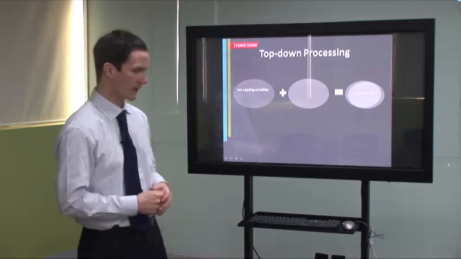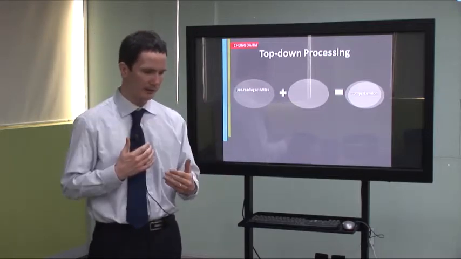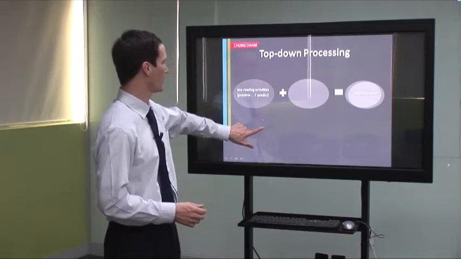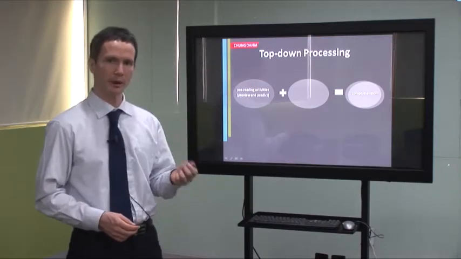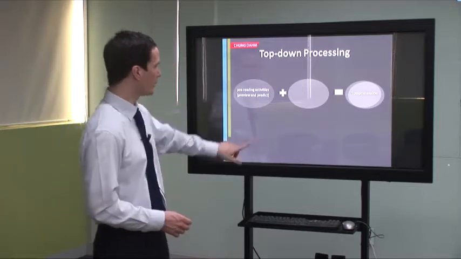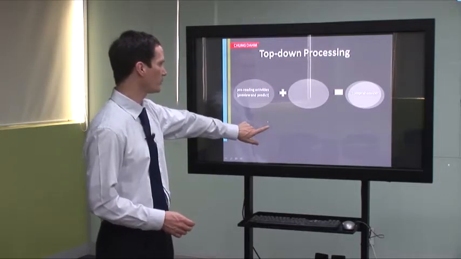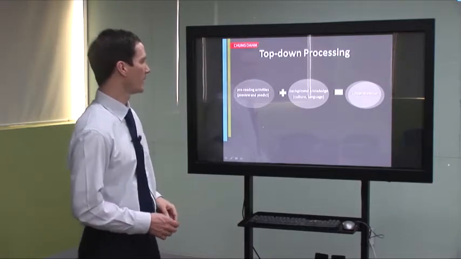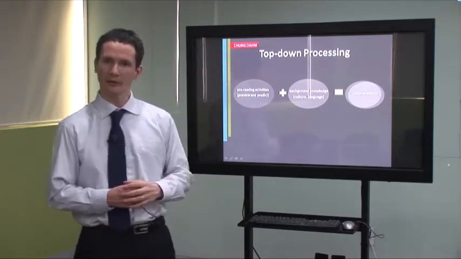They argue that using pre-reading activities, using our background knowledge, we're able to preview and predict what's going to happen in the text. We use our previewing, we use our predictions, as well as our background knowledge.